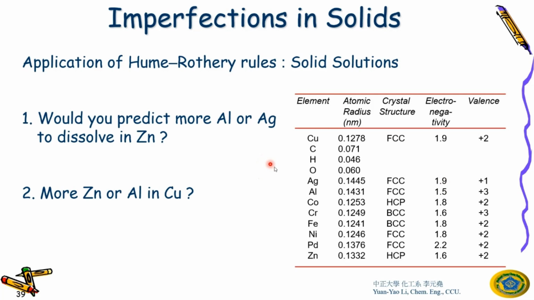According to Hume-Rothery rule number 3, you need similar electronegativity. So the answer is that these two cannot form a substitutional solution with complete solubility. Okay.